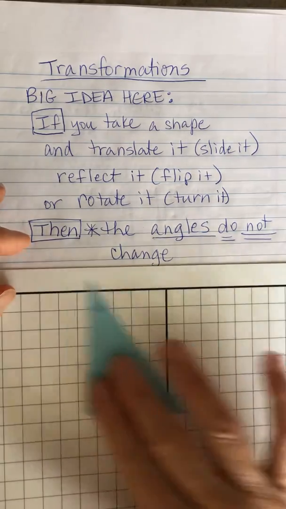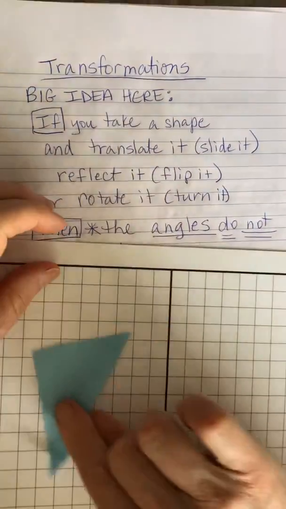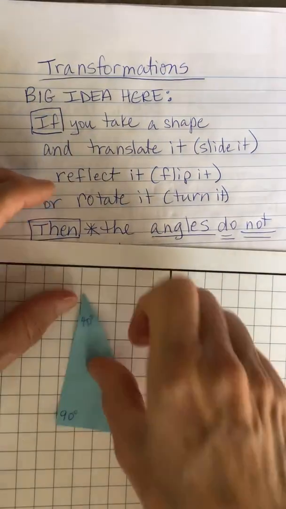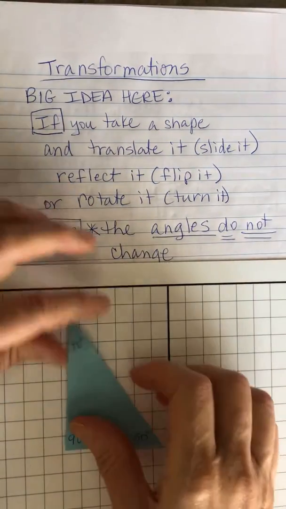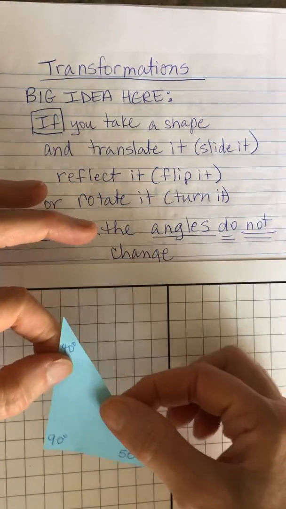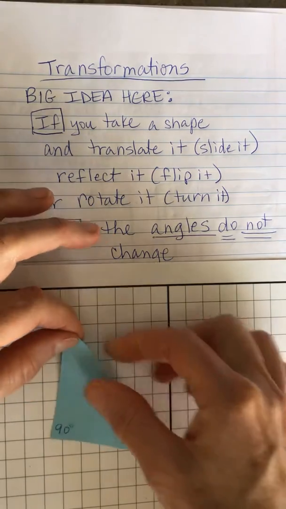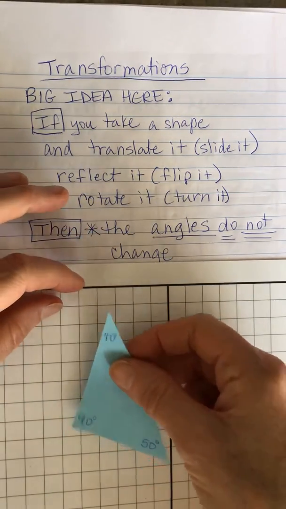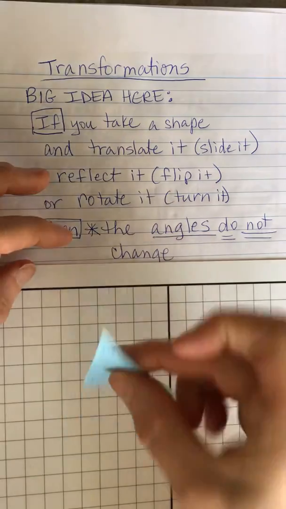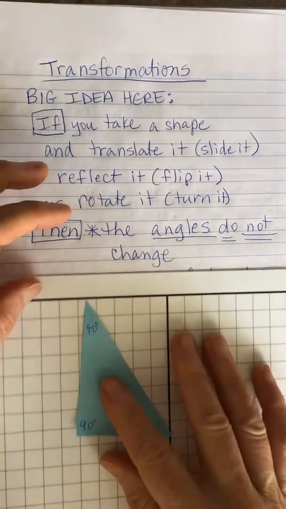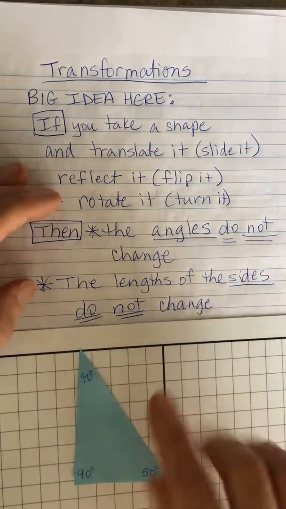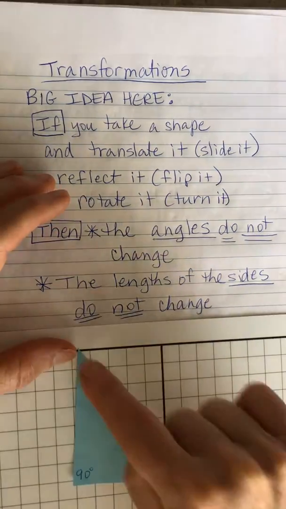Whether I translated it, I reflected it, I rotated it, no, the angles always stay the same because the shape has not changed at all. All I've done is just turn it, rotate it, translate it, or reflect it. That's all I've done.